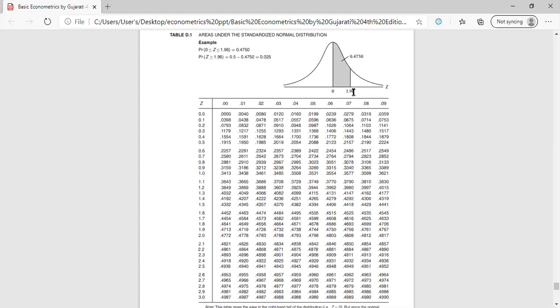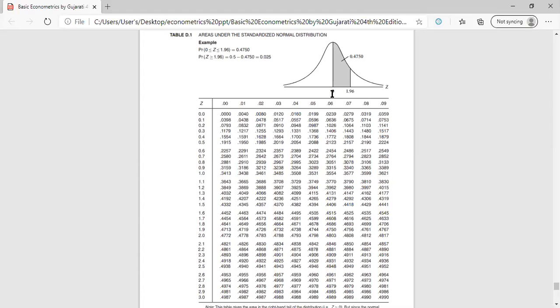How did you get that? In the beginning, were you in the class? Yes, Professor, it's 1.9 and then we go 0.6. Exactly the same way. Now instead of 0 to 1.96, you are saying 0 to 1.25.